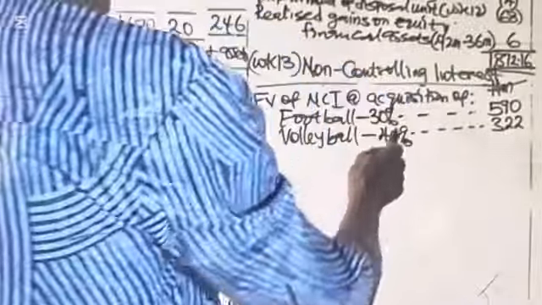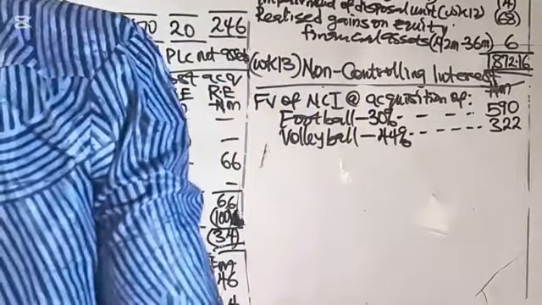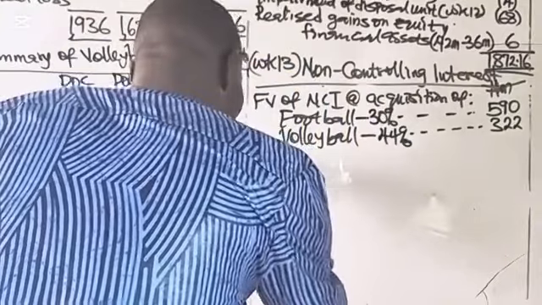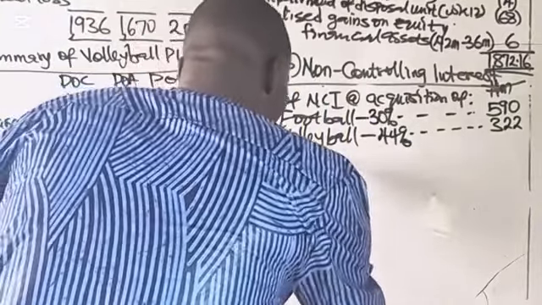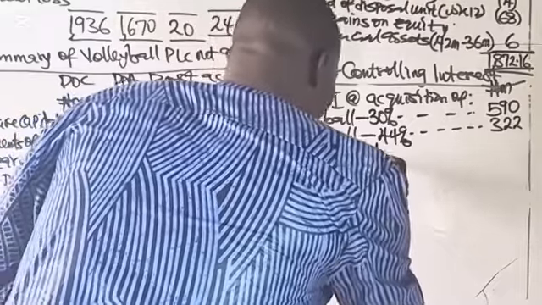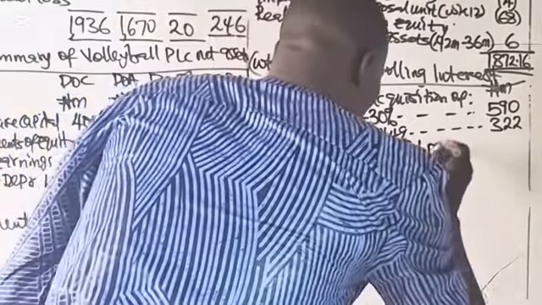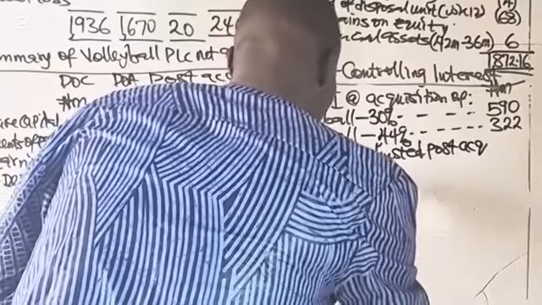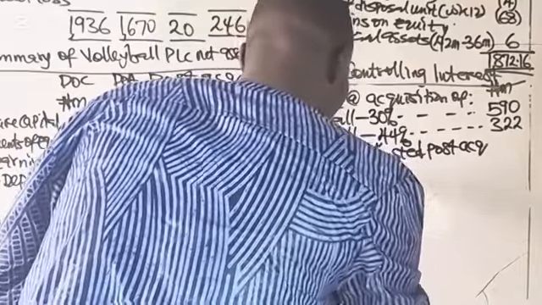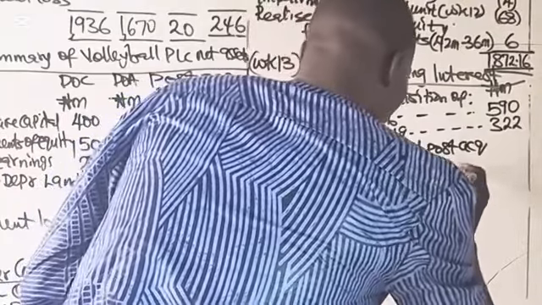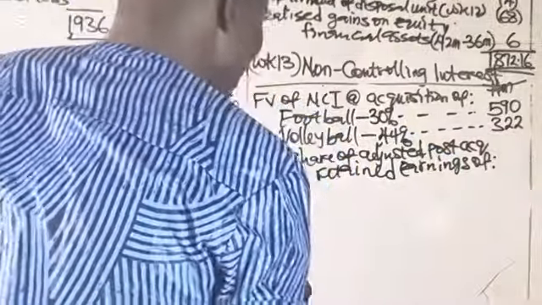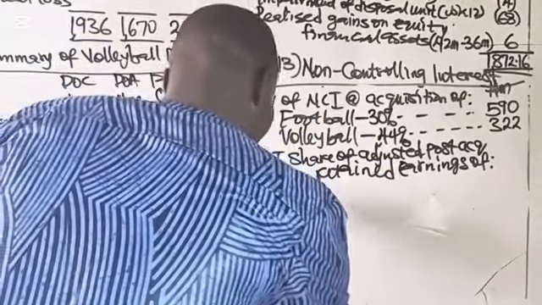So now, after the fair value of NCI on acquisition, the next thing is the NCI share of the adjusted post-acquisition retained earnings. The first entity is Football PLC.